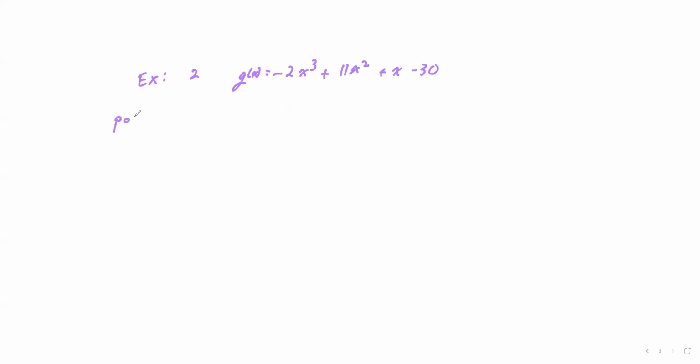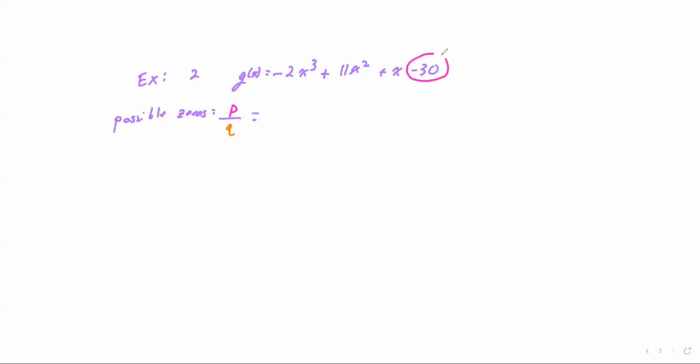So possible zeros is P divided by Q. P is all the factors of the constant. Let me do this differently: I'm going to do P here, and then I'll do Q here.